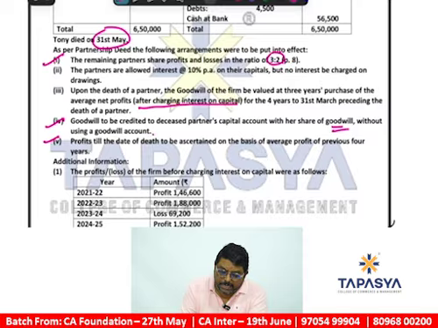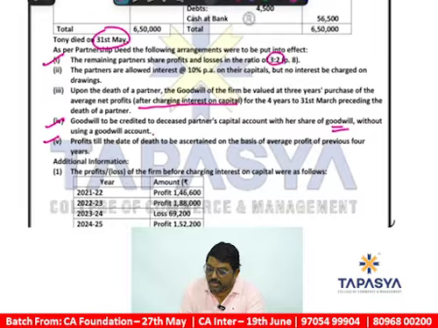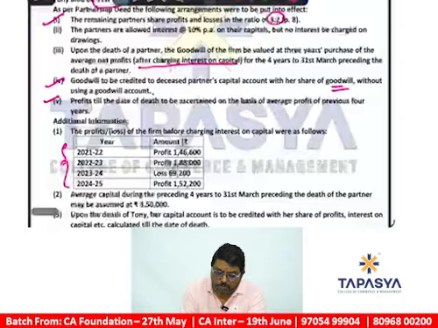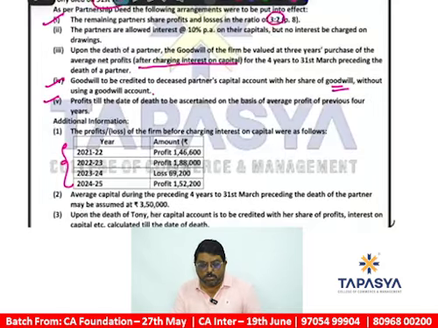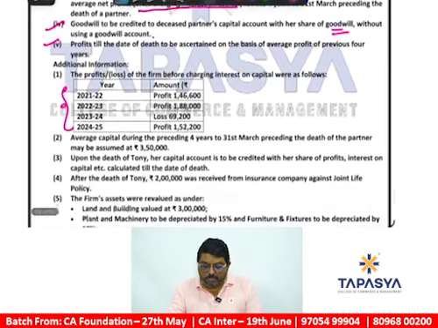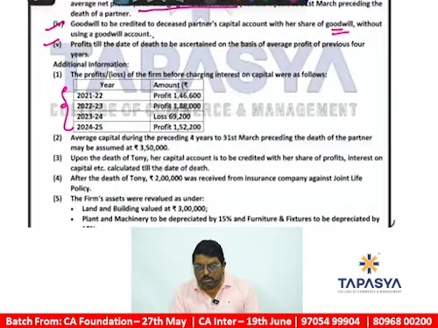Okay. Next, profit till the date of death is to be ascertained on the basis of average profits of the previous 4 years. And you are given the last 4 years profits like this: 21, 22, 22, 23. But 23, 24 is a loss. 24, 25 again profit. Average capital during the last 4 years, because you have to calculate interest on capital for the last 4 years, because for goodwill to be calculated, profits are to be taken after charging interest on capital.